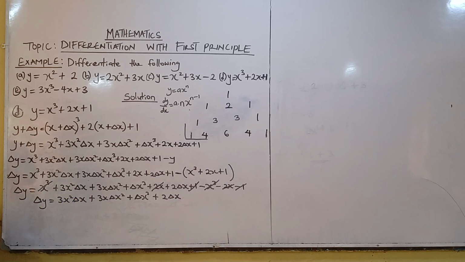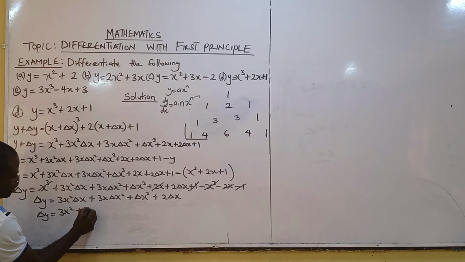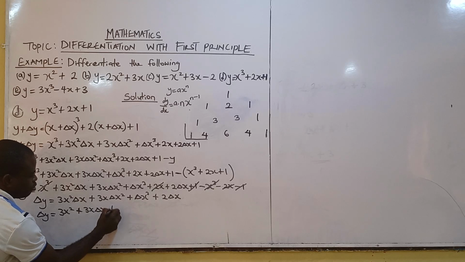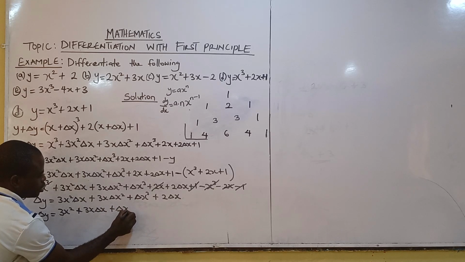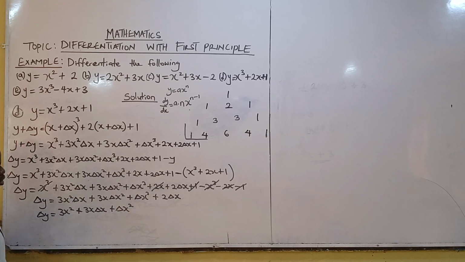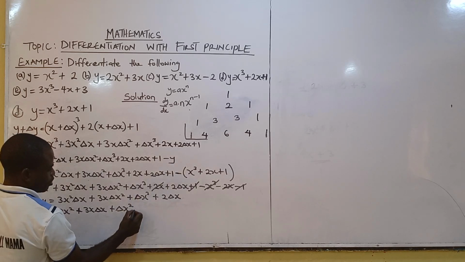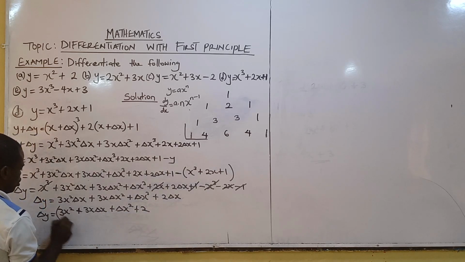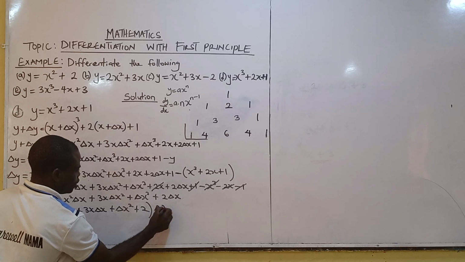Now let's factorize. dy equals 3x squared plus 3x dx plus dx squared plus 2, close the bracket and put dx outside.